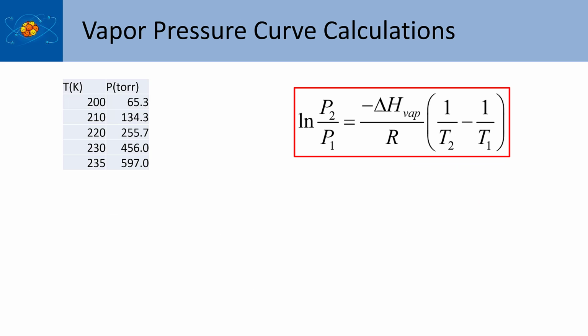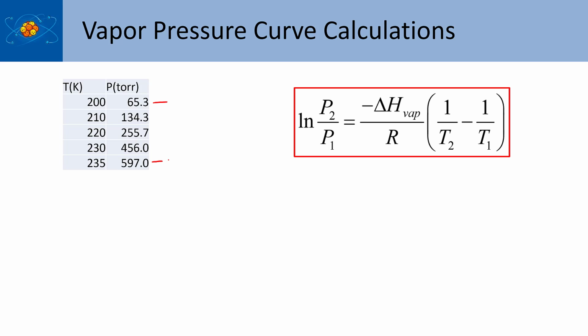Okay, so let's solve this same problem using the 2-point equation of the Clausius-Clapeyron equation. And I'll show you, this is actually in some ways easier conceptually, but mathematically can be a little bit trickier. So we're just going to pick 2 points. For example, we could pick this point and this point.